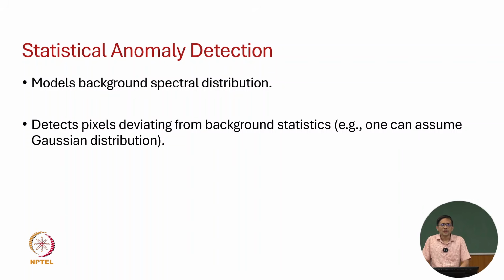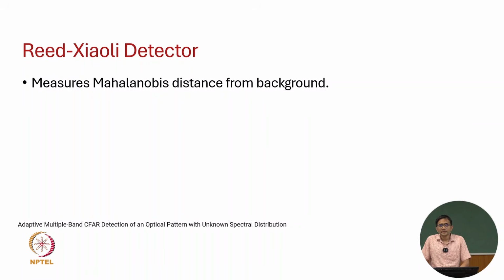While doing so, often the background is modeled as a Gaussian distribution. One approach that has been used quite a lot in the literature in this direction is the Reed-Xiaoli detector that measures Mahalanobis distance from the background.